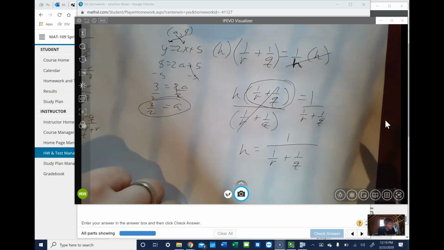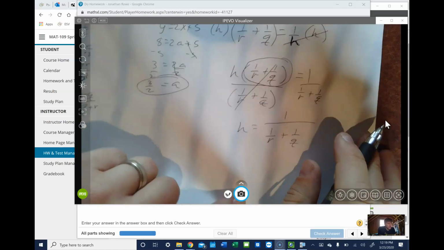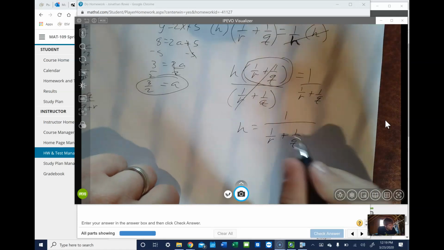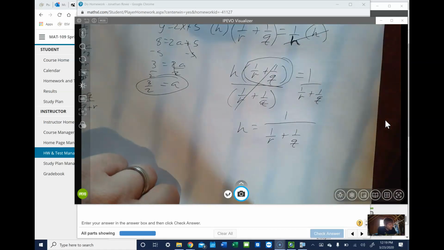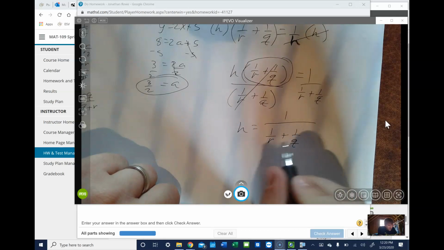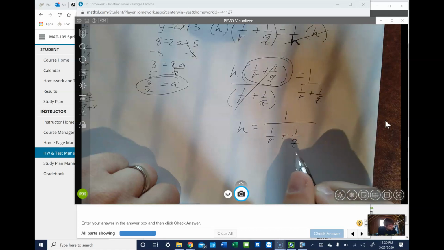I'm going to show you how you could get this as a different answer as well, but this should work as one of the answers. But if I wanted to, I could make this look different. I could maybe get it to an even simpler answer, but you don't have to, you can just follow along. If I want to combine these two fractions into a single fraction, maybe I can make things simpler.